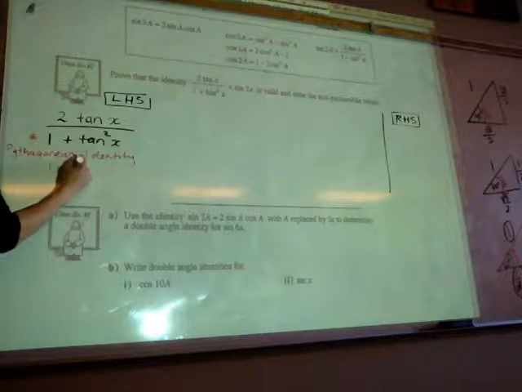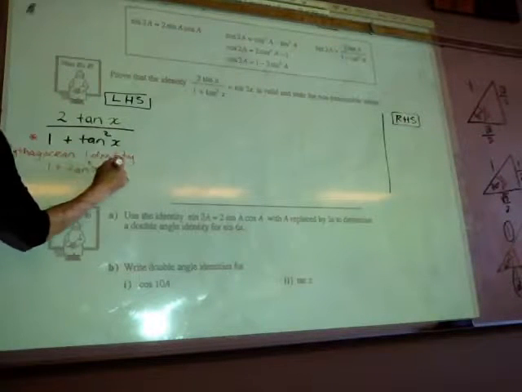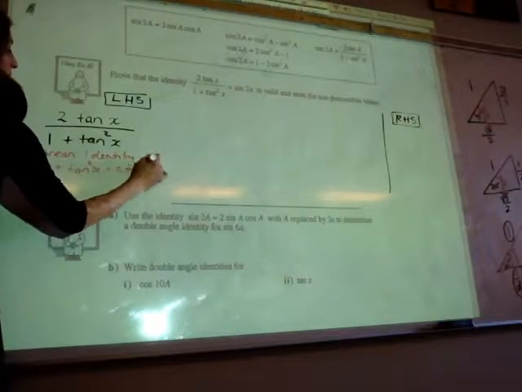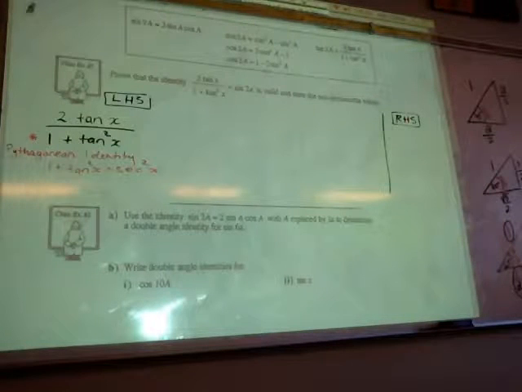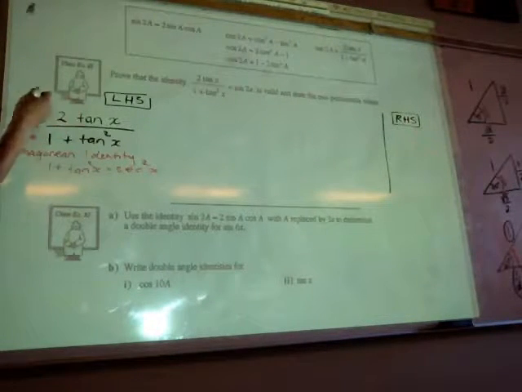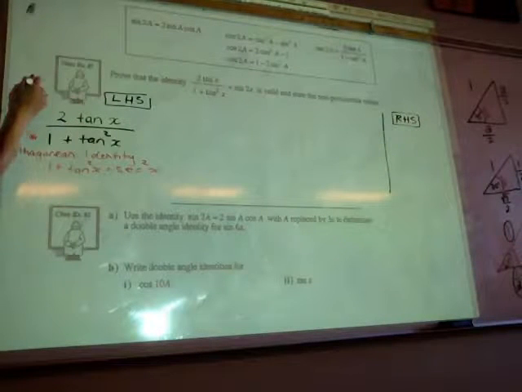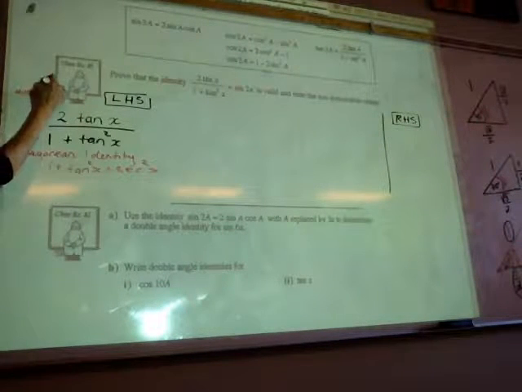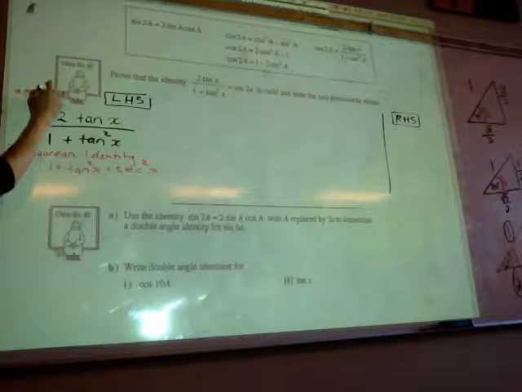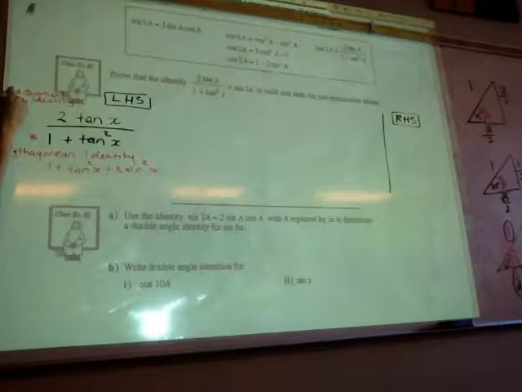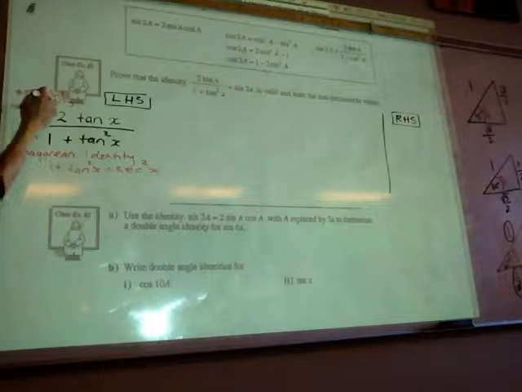So 1 plus tan x squared is equal to secant x squared. Okay, that's on your formula sheet. And then in the numerator, we can use the quotient identity. Okay, that tan x is equal to sine x over cosine x.